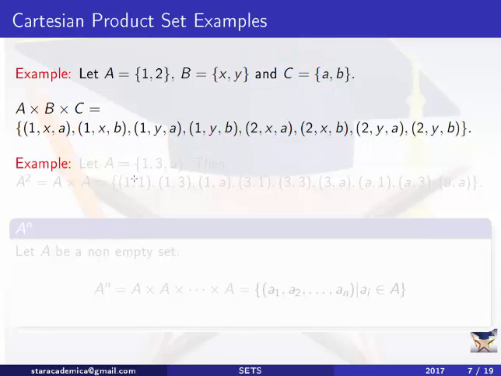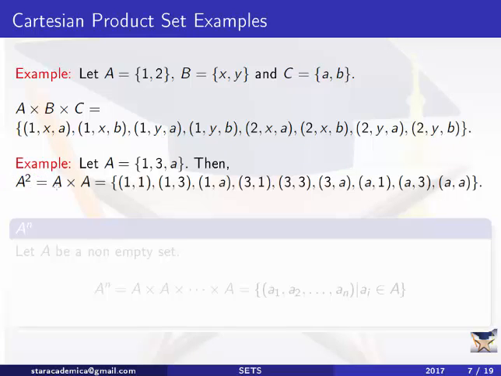Another example is about a square. What does a square mean? It is A cross A. And what is A cross A? Again, you put a copy of A next to it, and you start making up the tuples 1 1, 1 3, 1 a, and we are done with 1, so we start with the 3, 3 1, 3 3, 3 a, and then we start with a 1, a 3, and a a.